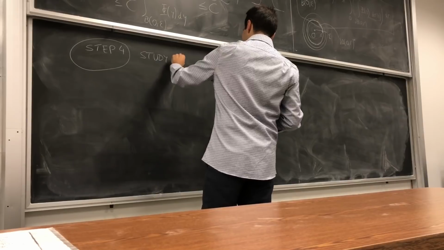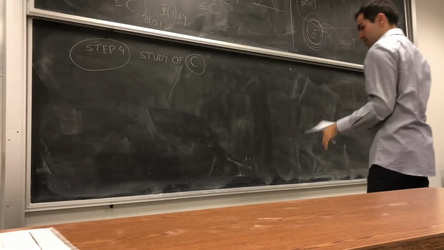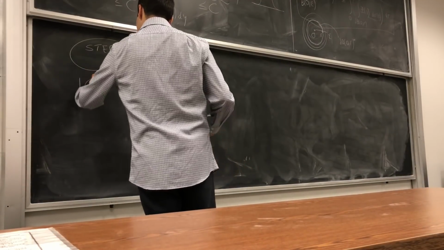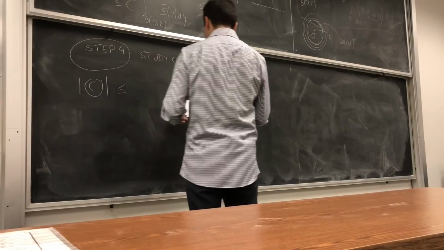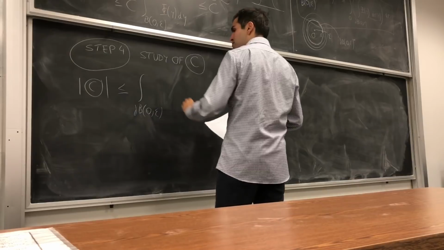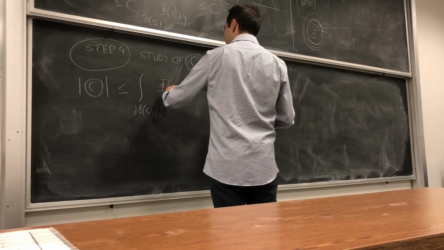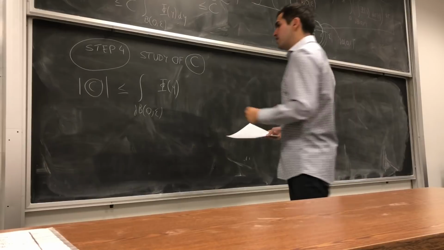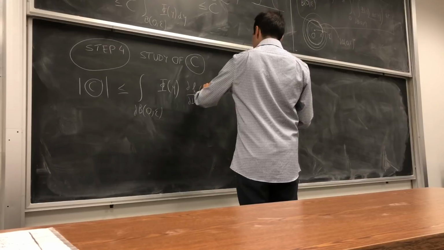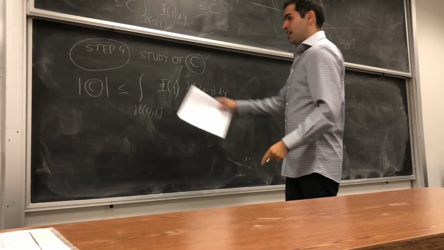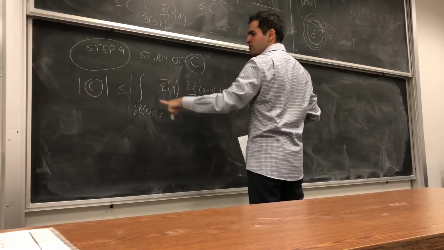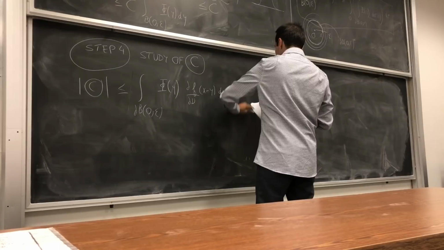Step 4, study of c, and I'll write down what it is again. So again, to show that it goes to 0, let's estimate it, so that becomes less than or equal to, if you want, what is c? It's the integral over the boundary of just phi times the normal derivative of f, so df over d mu of x minus y dy, and we want to use the triangle inequality, which tells you that you can put the absolute values inside.